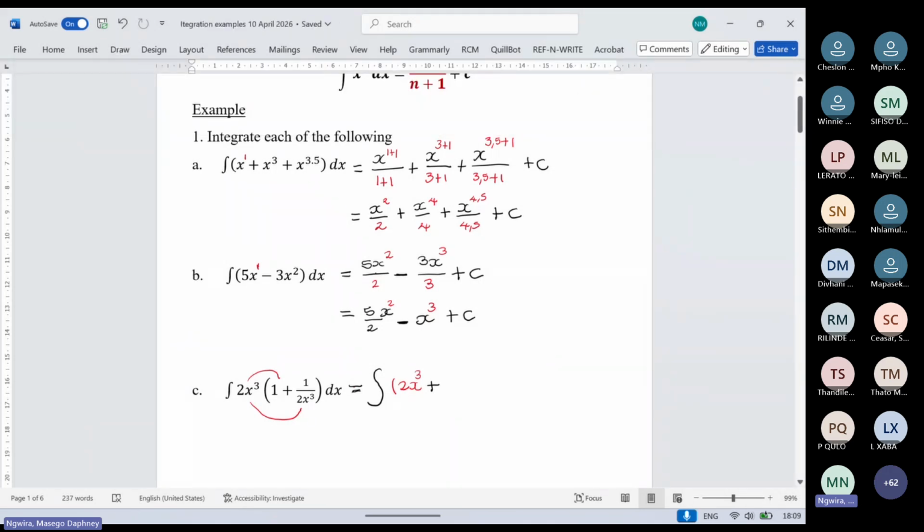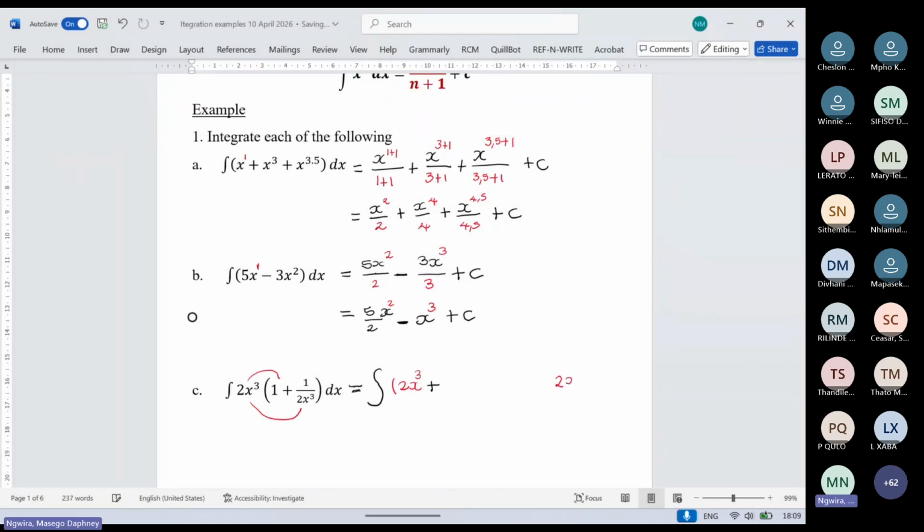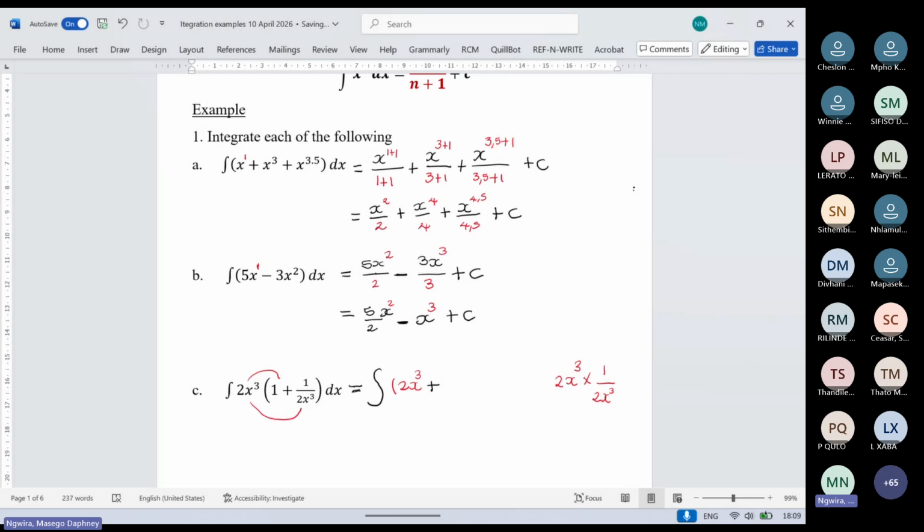So when you say 2x to the power of 3, you multiply it with 1 over 2x to the power of 3. When you multiply, this is always over 1. When we do fractions, we know that this is always over 1. So we multiply, we say 2x to the power of 3 times 1. My answer is 2x to the power of 3.